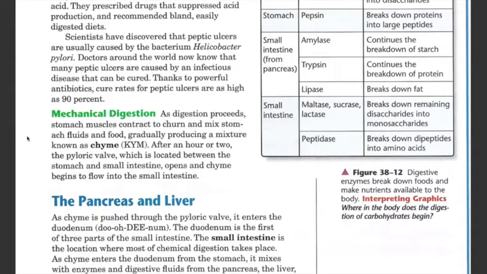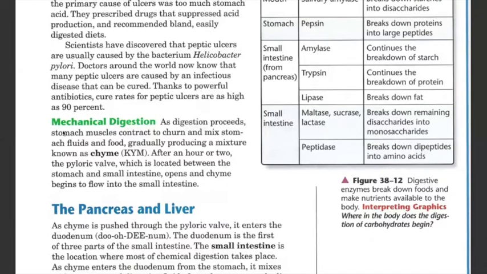After an hour or two, the pyloric valve, which is located between the stomach and the small intestine, opens, and the chyme begins to flow into the small intestine. Right? So chemical breakdown, you are ripping apart molecules. Mechanical digestion, you're just physically crushing things and mixing things together.